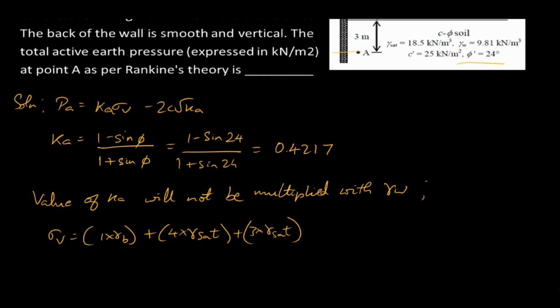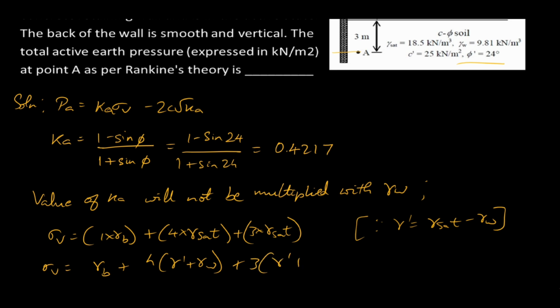To remove the unit weight of water from this, we can use gamma dash, which will be equal to gamma sat minus gamma W. This gives sigma V will be equal to 1 into gamma B plus 4 into (gamma dash plus gamma W) plus 3 into (gamma dash plus gamma W).